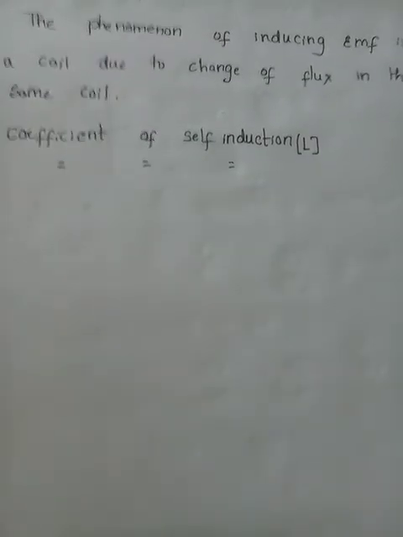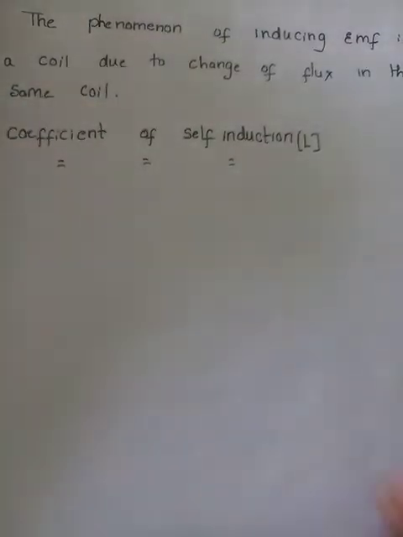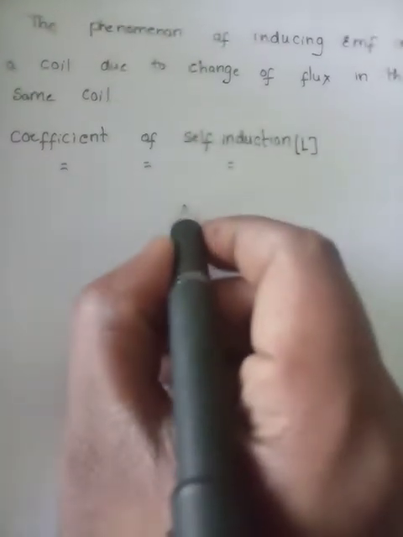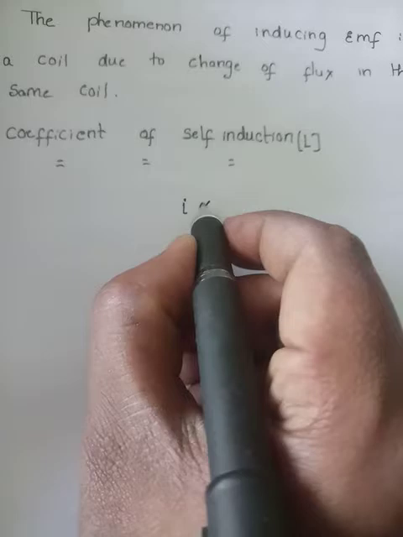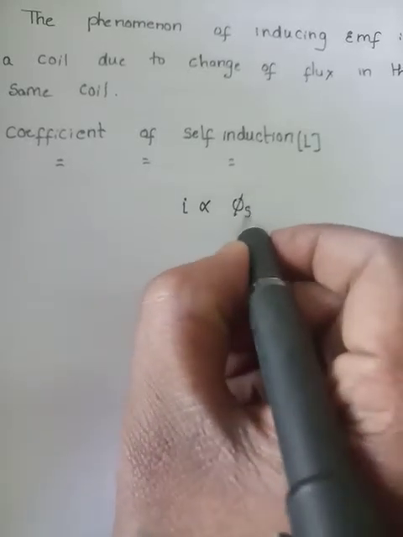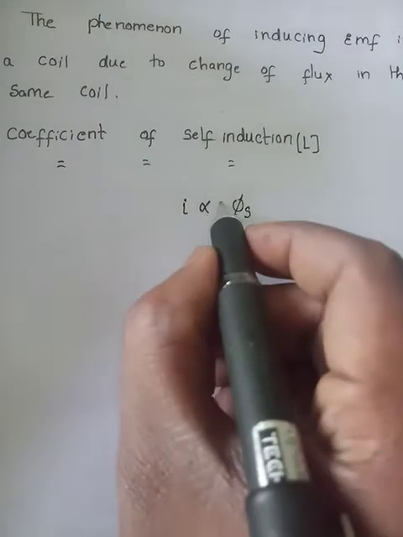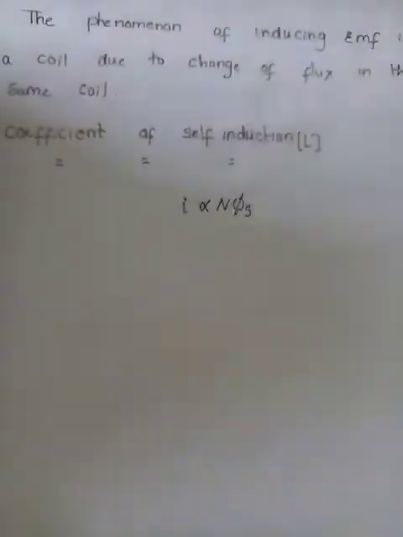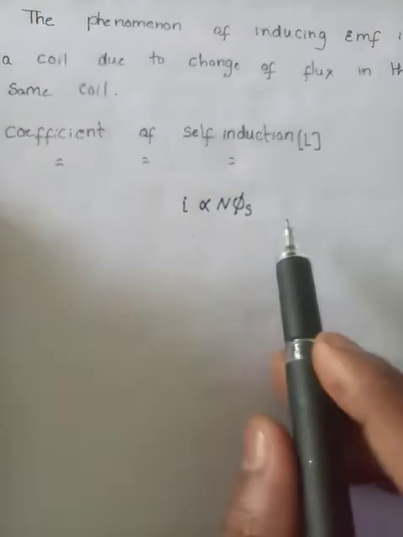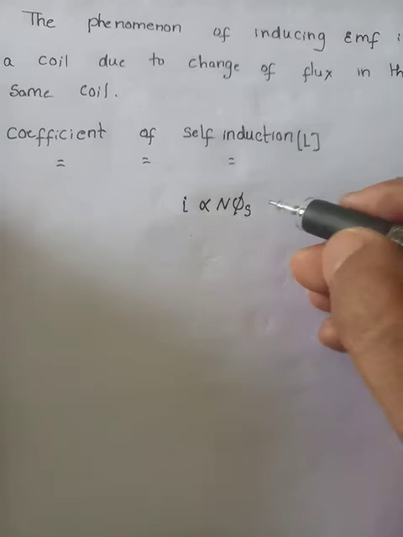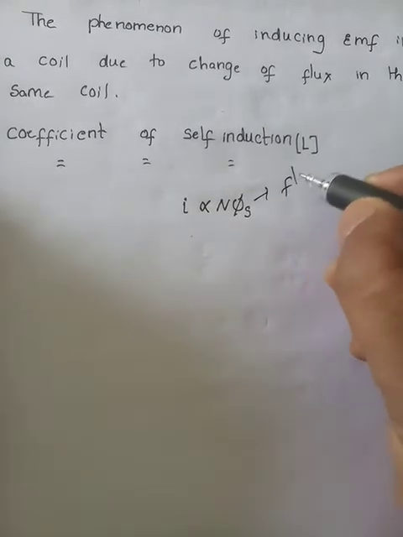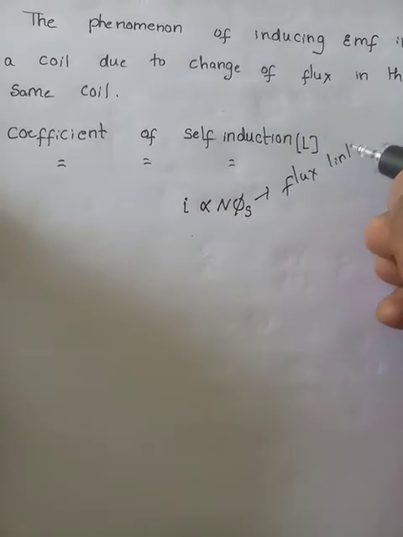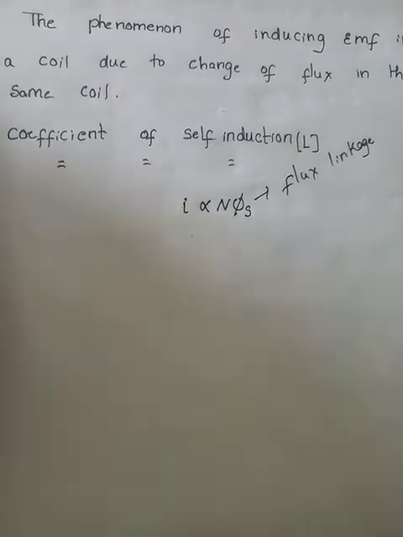Let us see how we can define it. Have you observed that when there is a change in current, it directly causes a change of magnetic flux. If the coil has N turns, the current is directly proportional to the magnetic flux linkage. Already we said that this is called flux linkage.